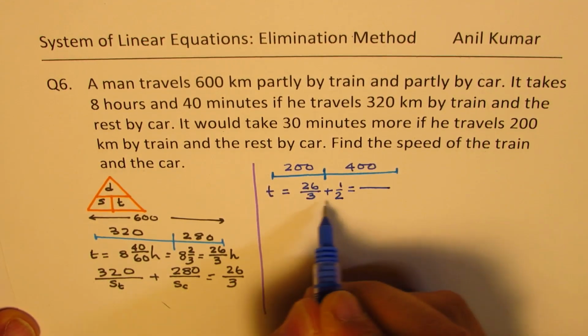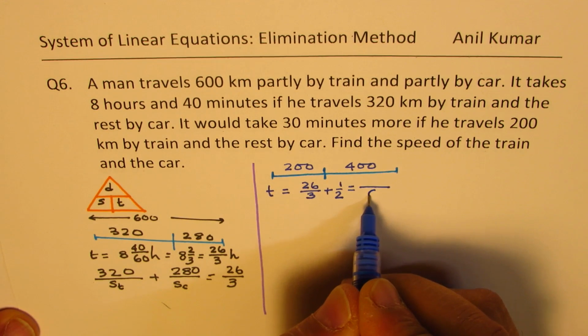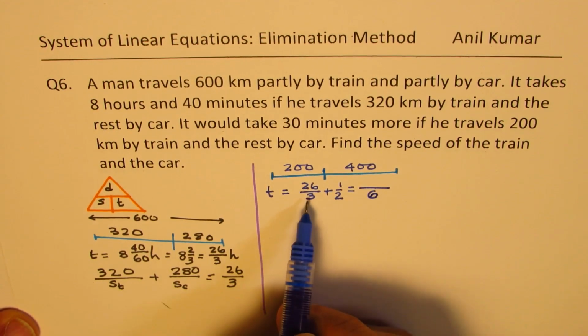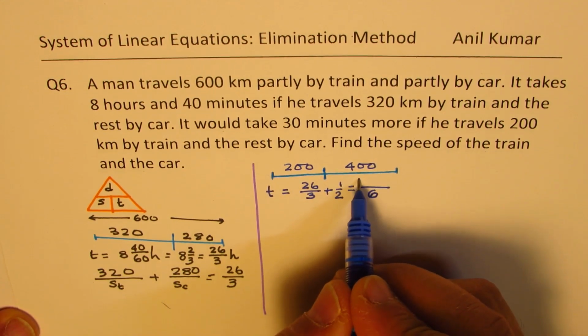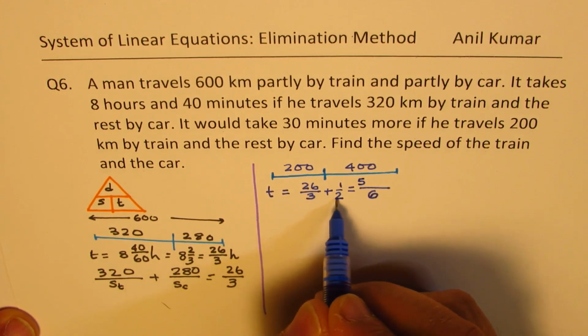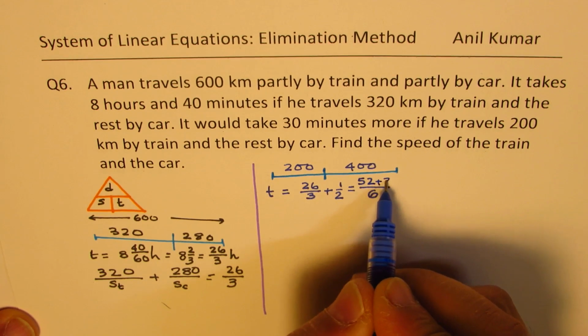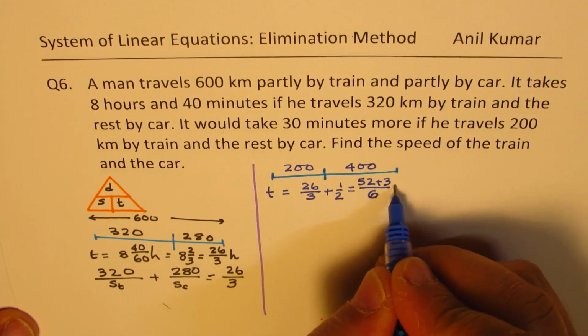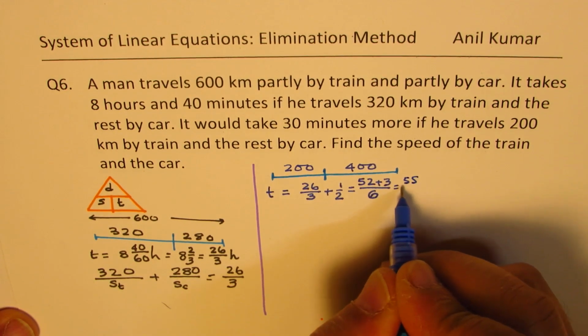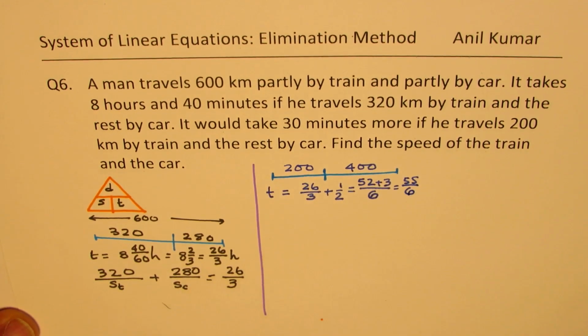That gives you a denominator of 6. When you multiply, you get 52, 26 doubled, plus 3. So now you get your time as 55 over 6 hours. So that is the time calculation.